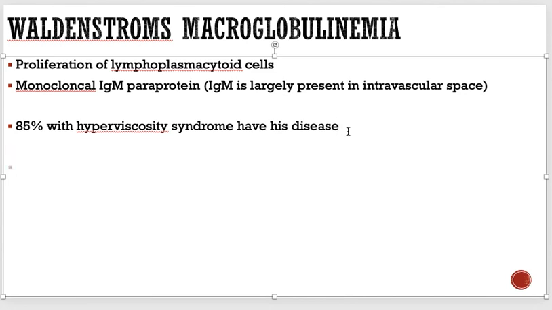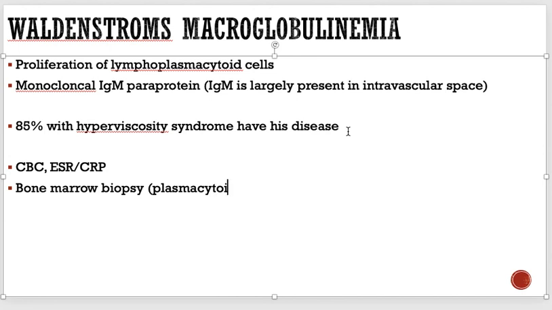What is the investigation, guys? Again, the same thing: CBC, ESR, CRP. Okay, we will go for these investigations. Bone marrow biopsy. Makes sense, right? And bone marrow biopsy will show you what? Plasmacytoid lymphocytes.